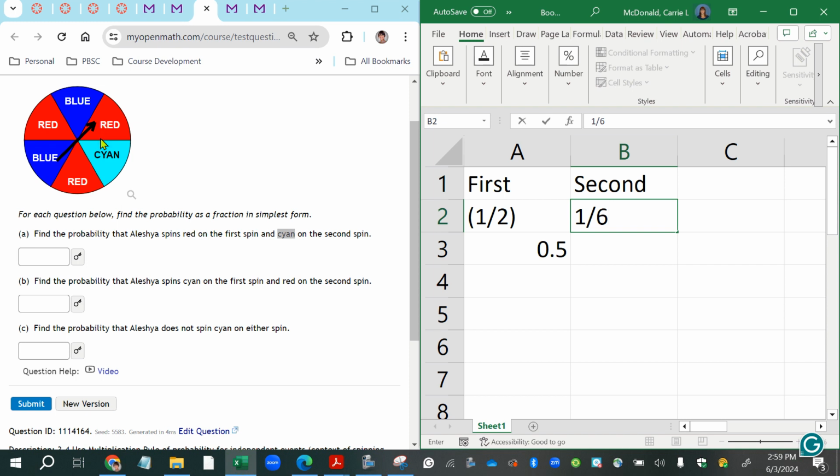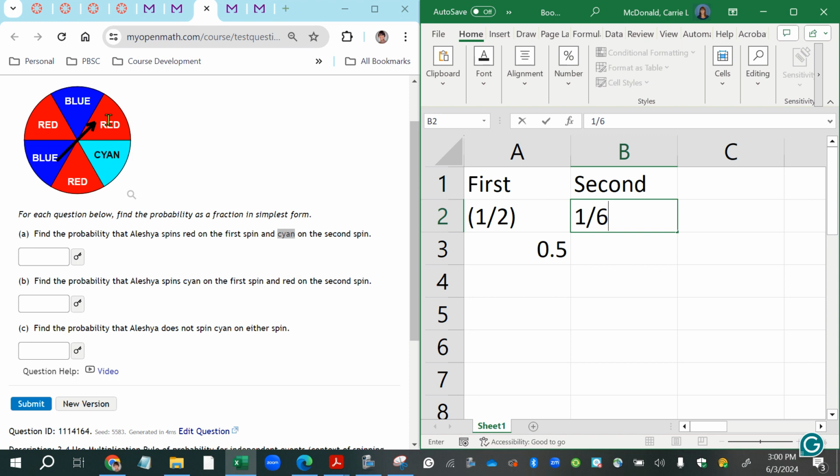In other words, this scenario is independent trials because you've played games with spinners before probably, right? And if you spin and it lands on red, you know that you could spin it again and it could again land on red because you don't remove sections of a spinner, right? That's just not how it works.